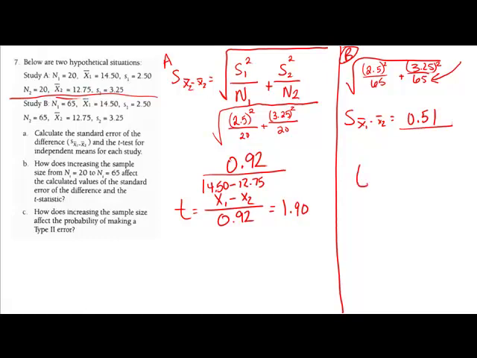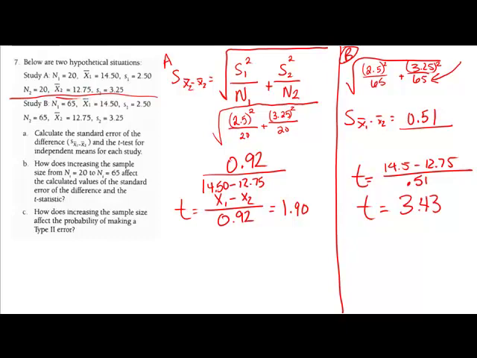Oh, I forgot to calculate t. T for this is 14.5 minus 12.75 divided by 0.51. T equals 3.43.